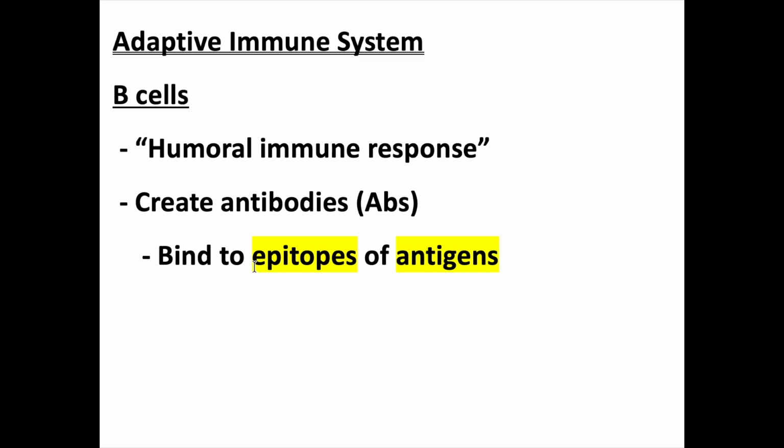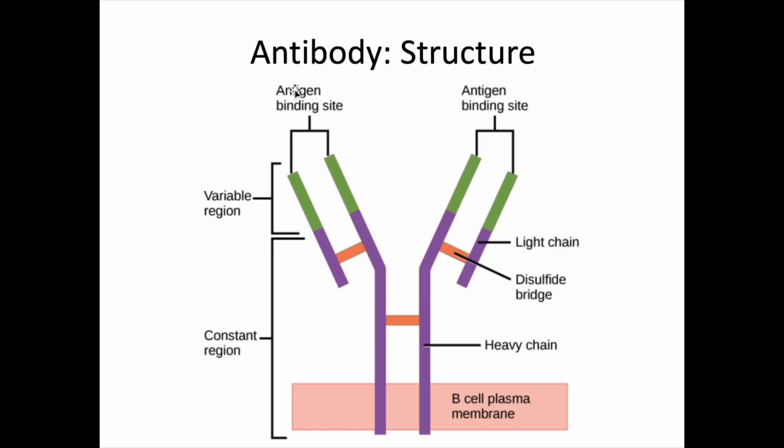Okay, what's the epitope part of this? Well, when an antibody binds to an antigen, it's not binding to the entire protein antigen, for example. It's binding using this antigen binding site, the sort of tips of the Y here. It's binding to a specific region of the antigen.